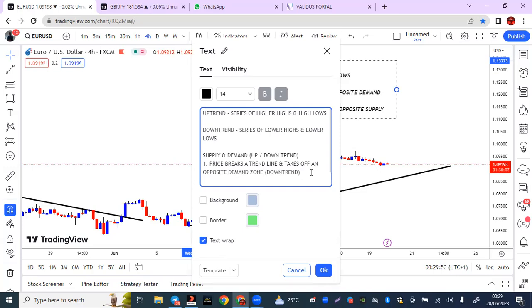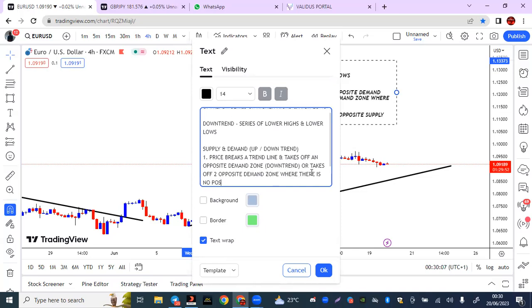Another way is for price to take off two opposite demand zones where there's no possibility of drawing a trend line.